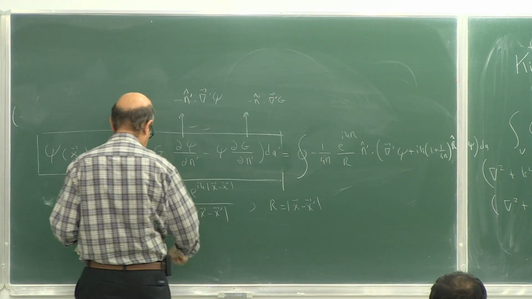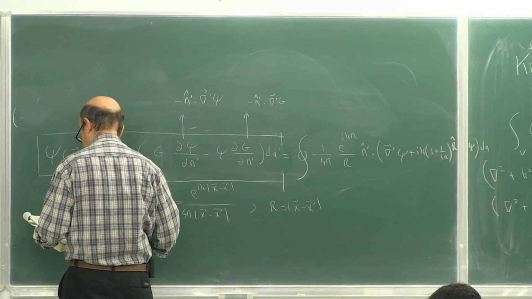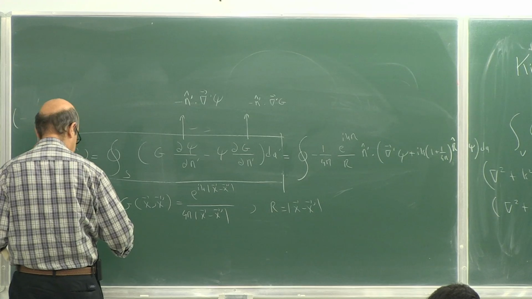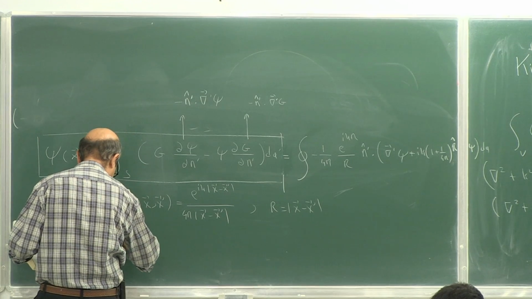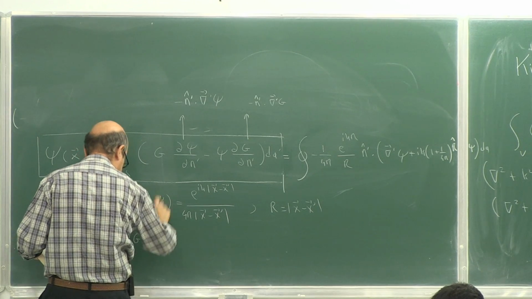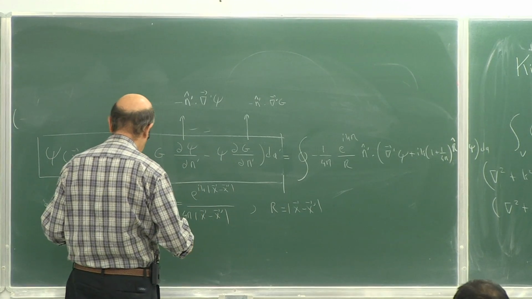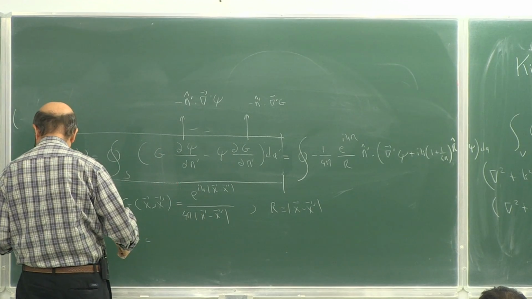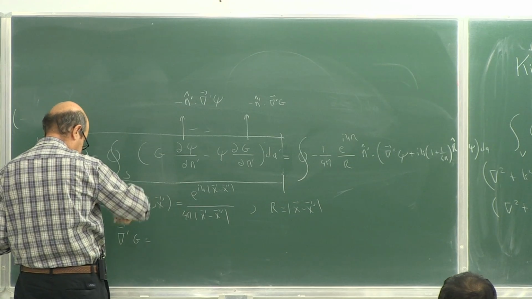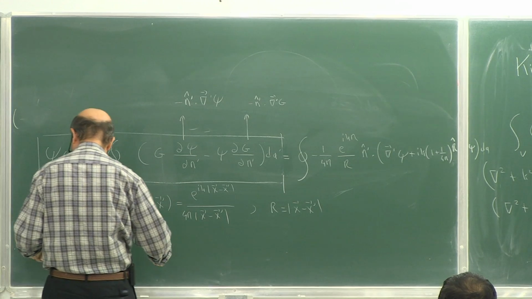You can derive this very easily. All you have to do is take the gradient of the Green's function. If you take the gradient of the Green's function, you will obtain minus ik over r times 1 plus i over kr, e to the ikr, r hat. We are not going to use this form, but I am just showing you the general form.